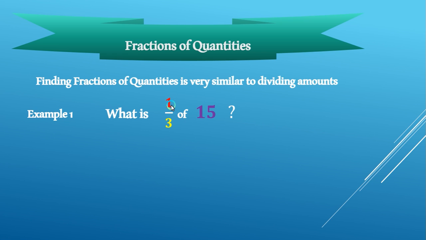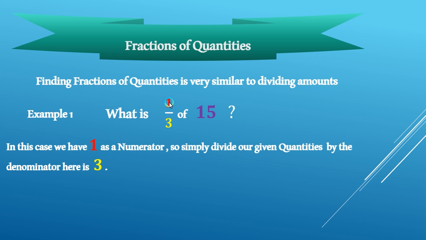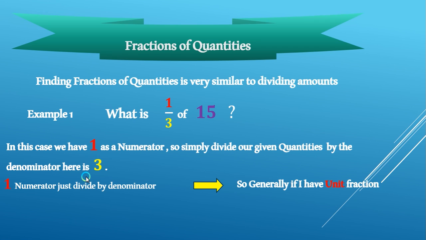Take care, I made it with red color: I have a numerator 1. So in this case, when we have 1 as a numerator, we simply divide our given quantity by the denominator. Here it is 3. So when 1 is the numerator, just divide by the denominator to find the amount.